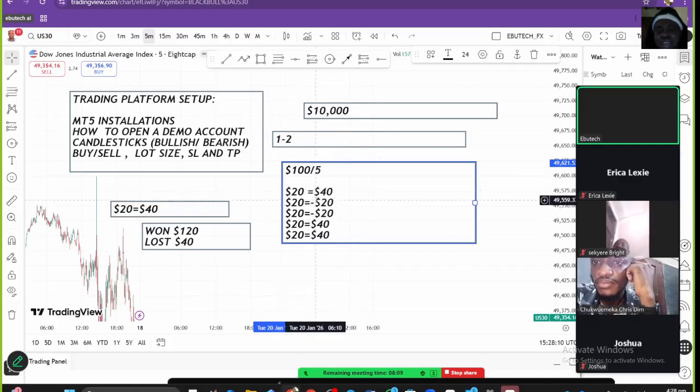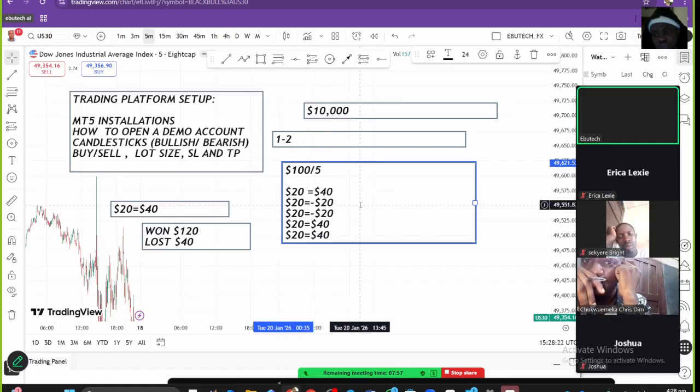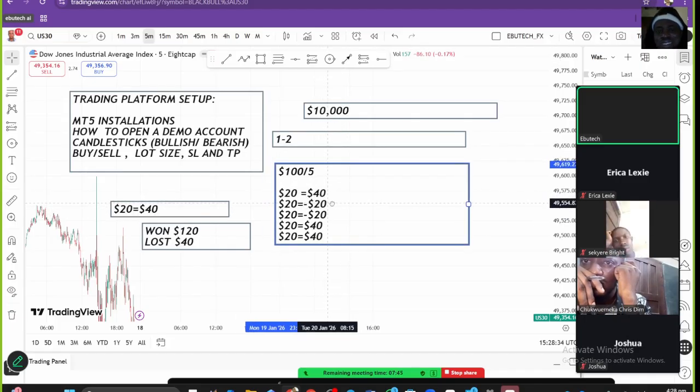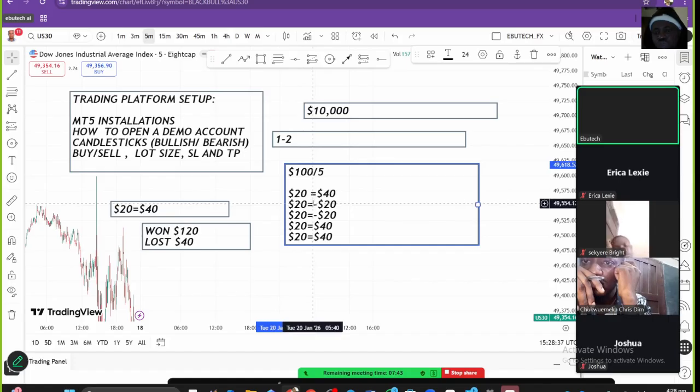Then if there is another trade that you still want to take, you can take it because now you already have an extra $20, right? But if you don't have any trade, you can decide, okay, I just want to take 1 or 2 trades per day. You can decide to risk $20 on 2 trades per day, depending on the trades you have. It's not a must that you take all these trades at once.